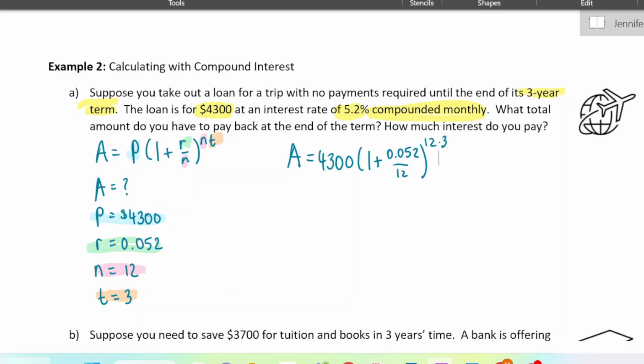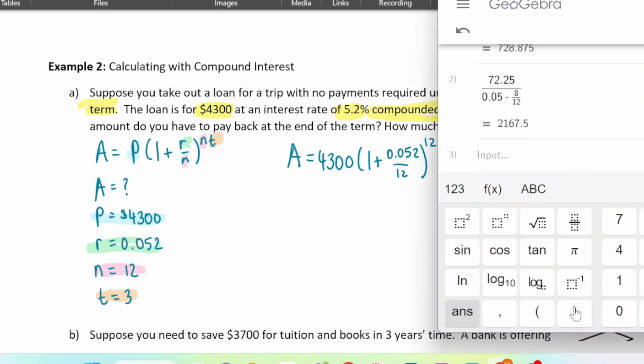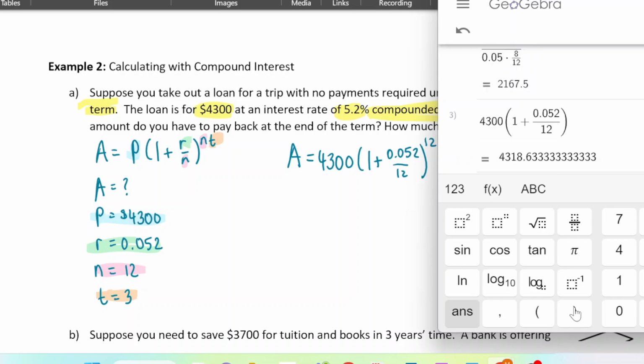Okay, let's pull my calculator up and input this. We have to make sure you get the brackets in the right spots here. If you don't use brackets, you're not going to get the question right. So it's 1 plus 0.052 divided by 12. And then we're going to be all to the power of 12 times 3.